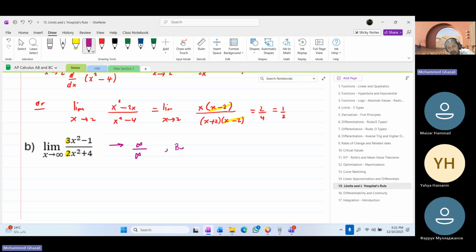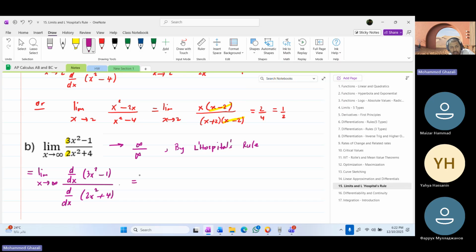So by L'Hopital's rule, we're going to get limit as x approaches infinity of d dx of 3x squared minus 1 over d dx of 2x squared plus 4.